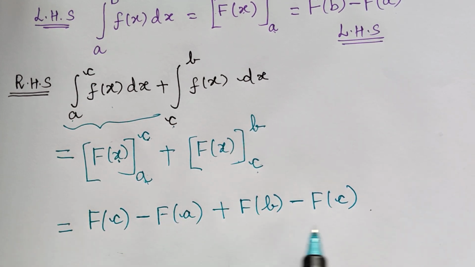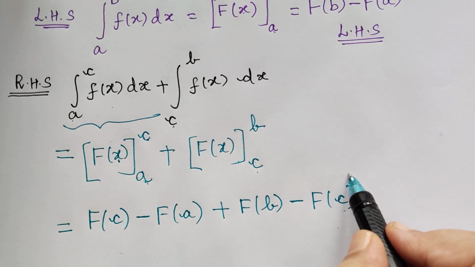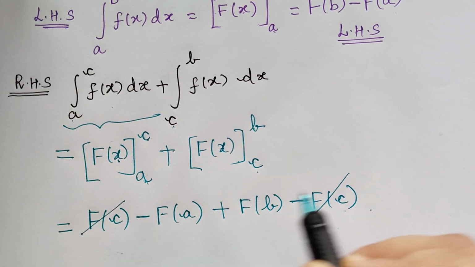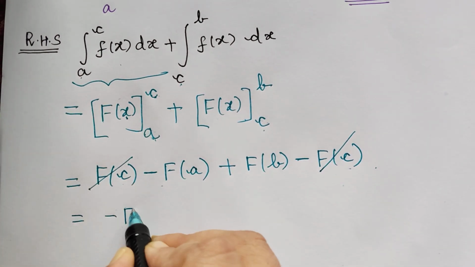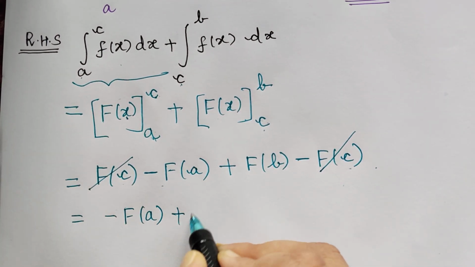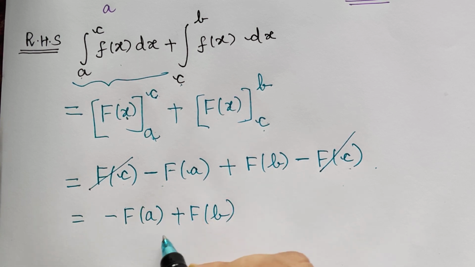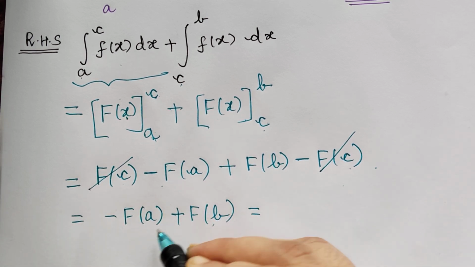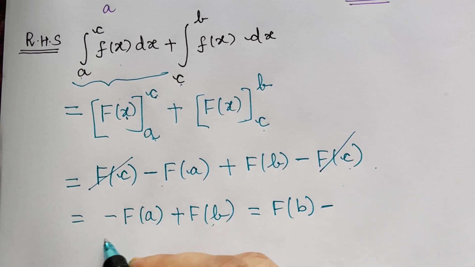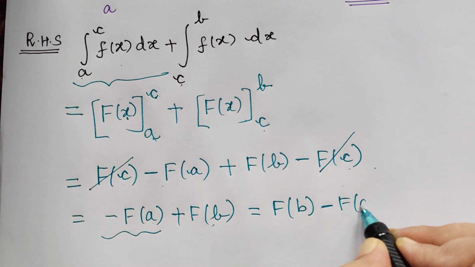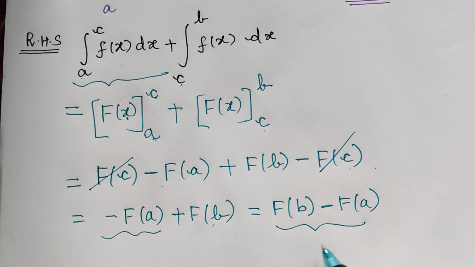And now if you observe, we have plus F of c minus F of c over here, which can be cancelled. So after cancelling, we get minus F of a plus F of b. Now this can be rewritten. We will write F of b first, so F of b minus this term, that is F of a.